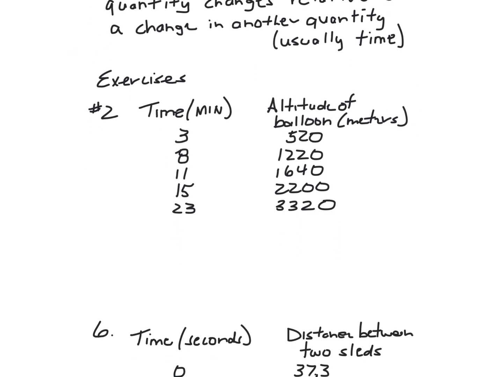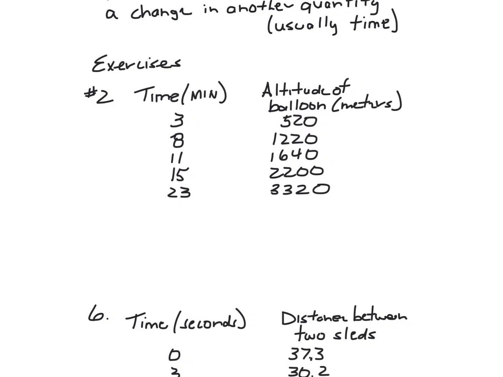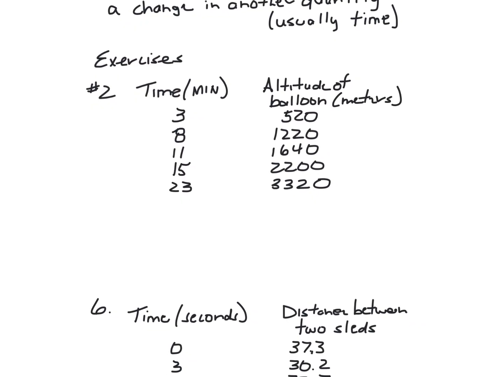This is number 2. As you can see, they're giving us time and then the altitude of a balloon in meters. After 3 minutes, the balloon is 520 meters in the air. After 8 minutes, it's 1220. To find the rate of change between 3 minutes and 8 minutes, we find the change in the altitude of the balloon.